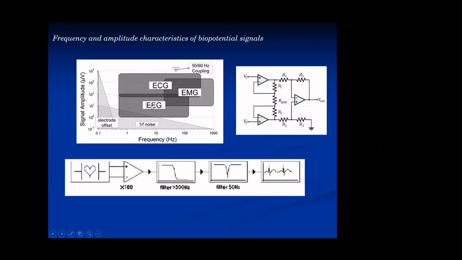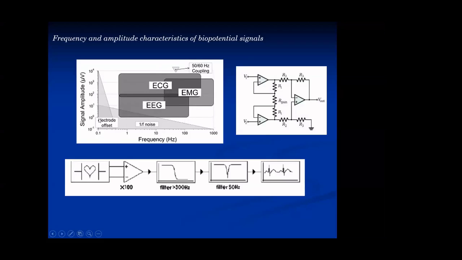If I take the three basic signals, ECG, EEG and EMG, the frequency range of ECG is somewhere between 0.5 hertz up to around 500, 600 hertz, whereas EEG is only low frequency, 120 or 130 hertz. EMG has a large frequency range. It starts from around 20 hertz to 1000 hertz.